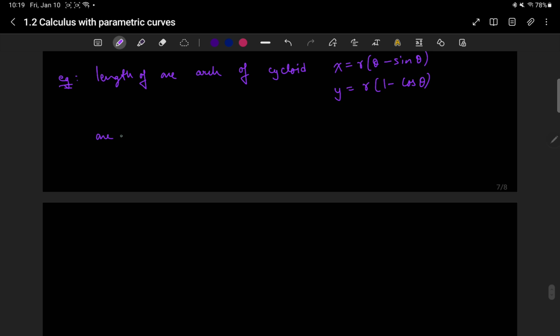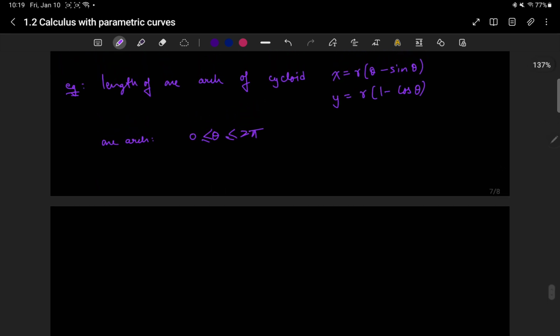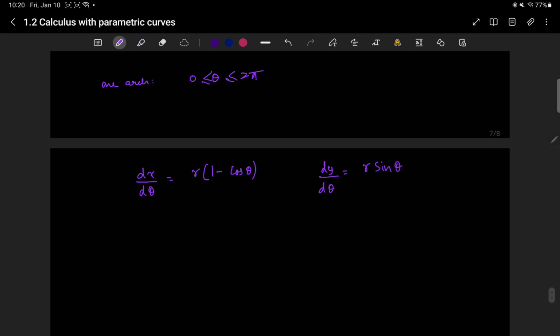As before, one arc means that theta is varying from 0 to 2 pi. It also means that I'm going to need dx/d theta, which is r(1 minus cosine theta), and I'm going to need dy/d theta, which is, the first part becomes 0 because r is constant with respect to theta, and I just get r sine theta.